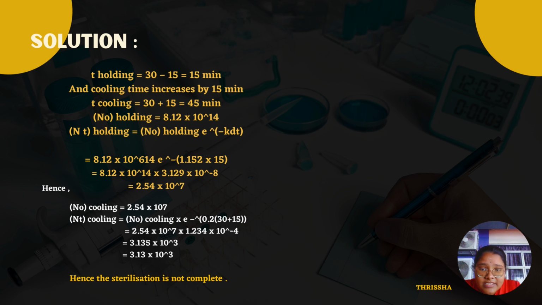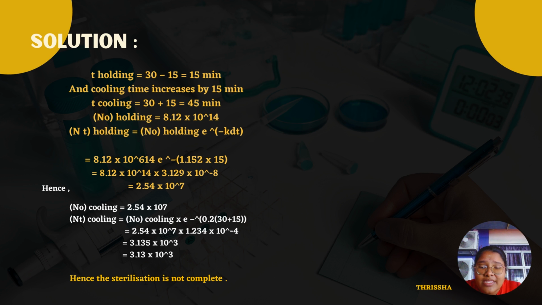The time is 30 plus 45, as I said earlier. The cooling time is added to 15 since the holding stopped right after 15 minutes, and the thermal death kinetic rate constant is 0.2. After we solve this, we end up with 3.13 exponent 3. These are the cells surviving after the sterilization.